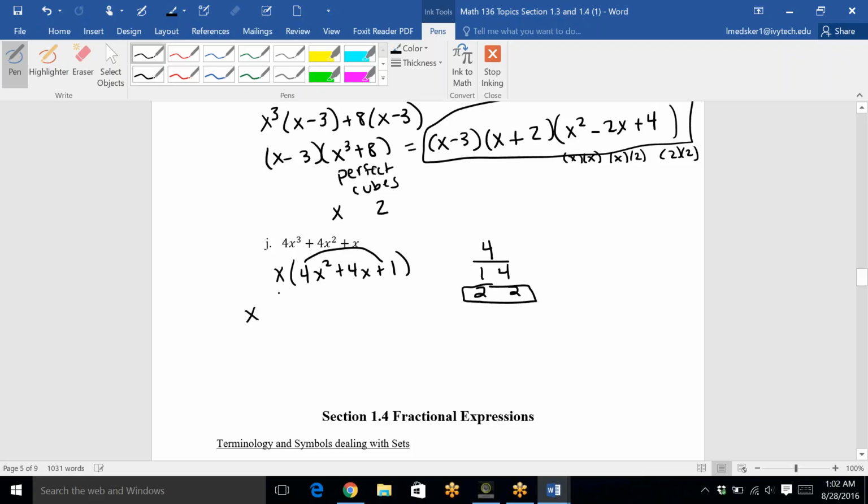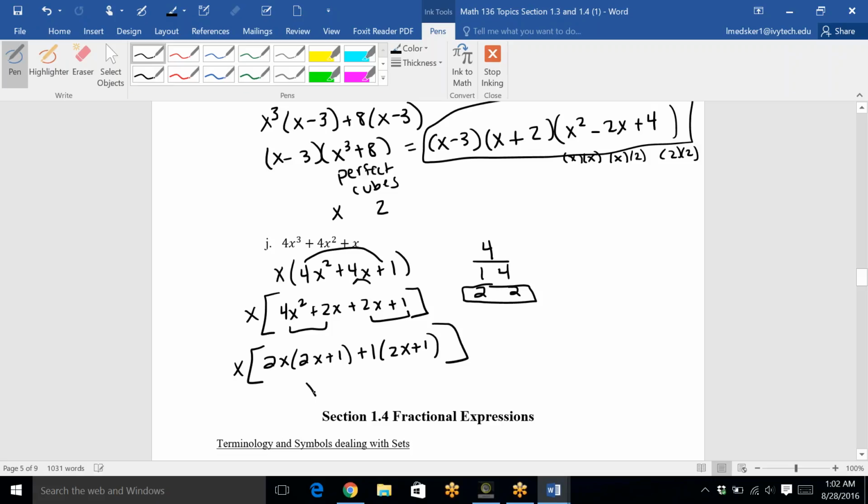So that would then, the x is still out front, but this would be 4x squared. We expand the middle, so it's a 2x and a 2x. We factor by grouping. You can pull a 2x out of the first pair. If a pair have nothing in common, you have to pull something out. So we just pull out a 1 and whatever sign this leads with, so it's a positive 1.